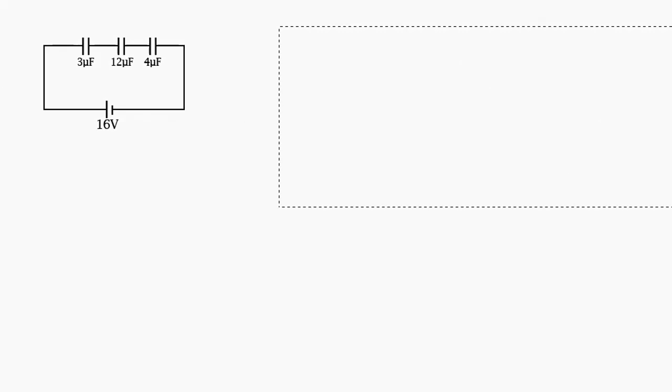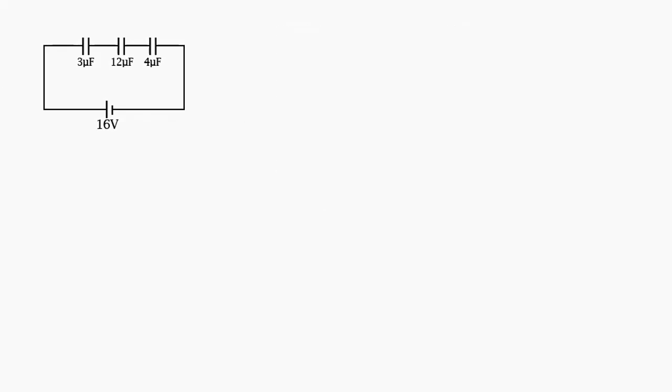Now for the first capacitor, which is 3 microfarad, our V1, the potential difference across the first capacitor C1, will be the charge over C1.